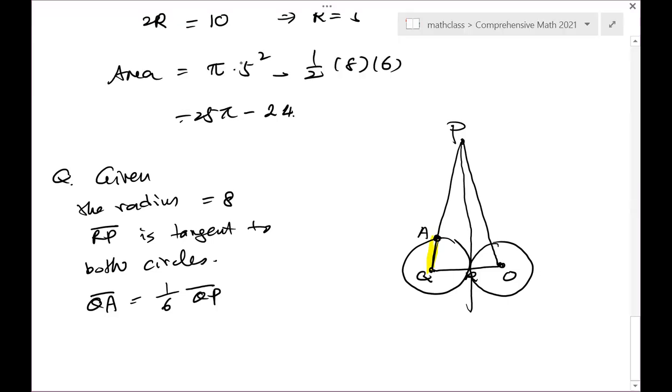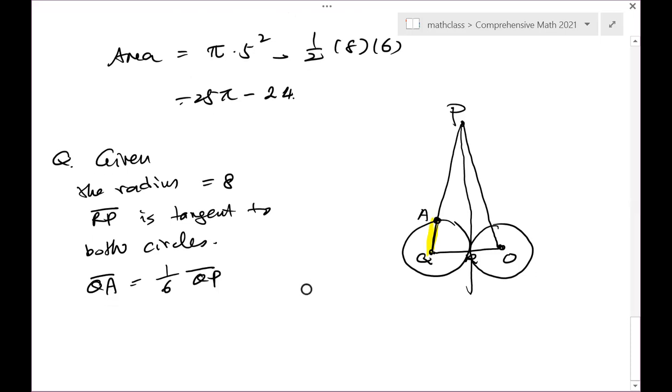All right, so the question is, find the perimeter of the triangle POQ.